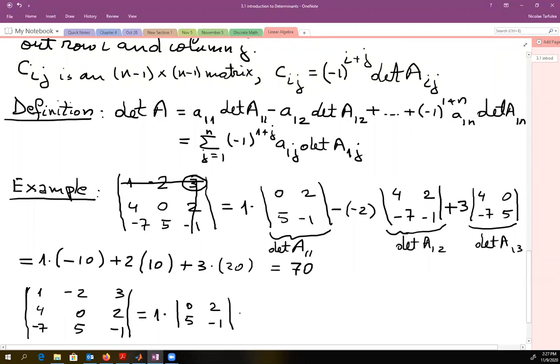But then you say -4, this 4, multiplied by this determinant. You cross out the second row and the first column. And here you have -2, 3, 5, -1. And then finally, plus, we have -7 here, multiplied by this determinant. So you have to eliminate the row and the column whose intersection is -7.